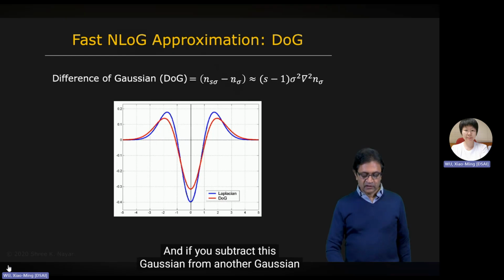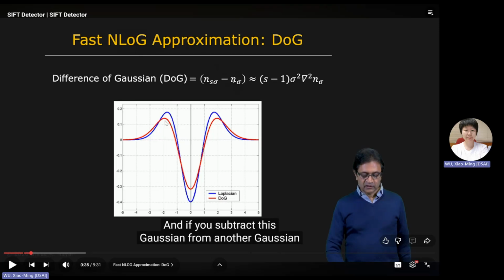Previously we talked about LoG, Laplacian of Gaussian. Here the DoG means difference of Gaussian. The red curve indicates the DoG function, while the blue curve indicates the Laplacian of Gaussian.